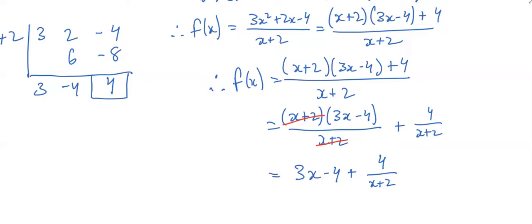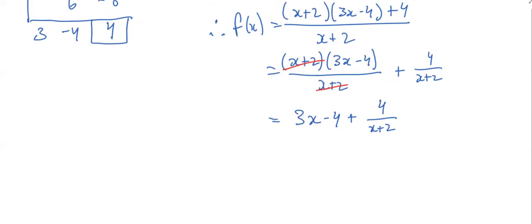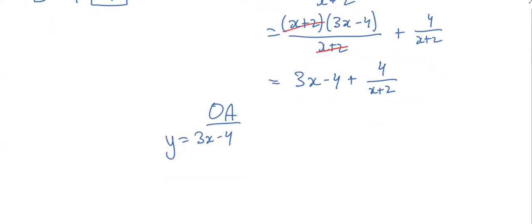Okay, so we got to do our testing. The last part is, now that we know our oblique asymptote is y equals 3x minus 4, why is it an asymptote? Because it's going to approach, but never touch it. Think about this.